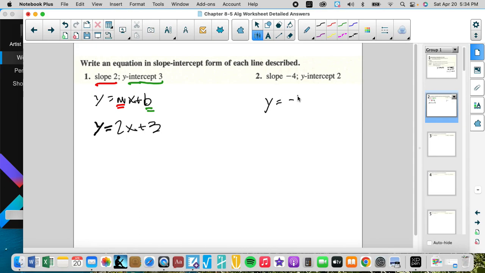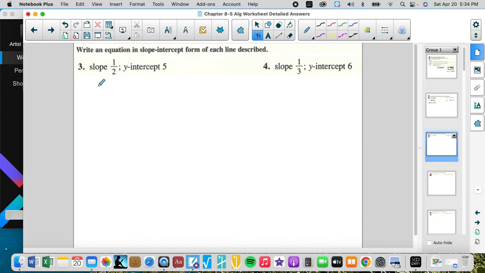Y equals mx plus b. Yeah, right? Look how easy this is.